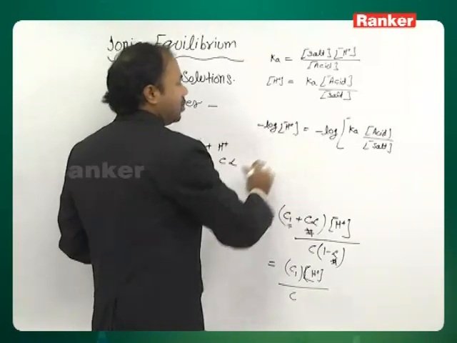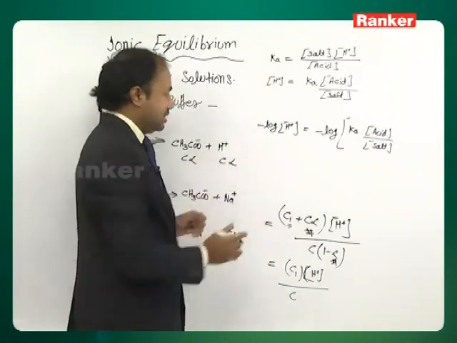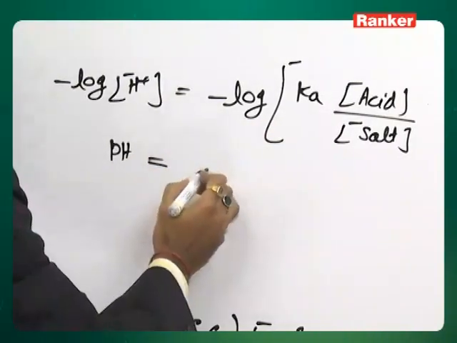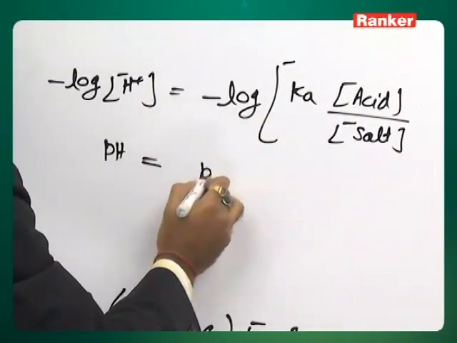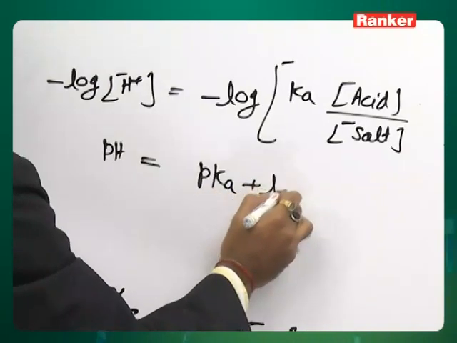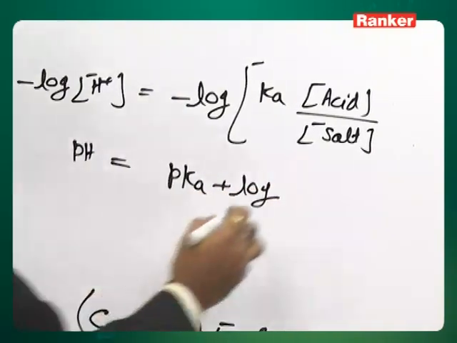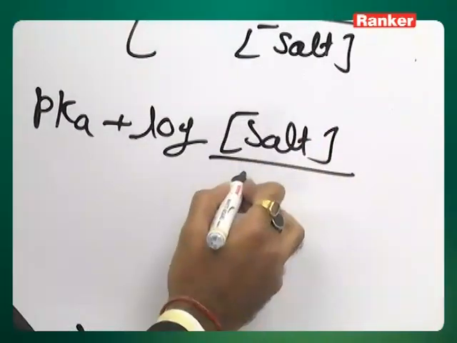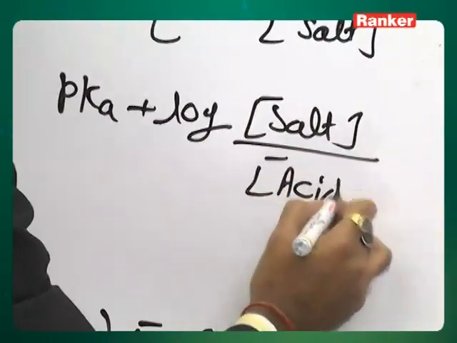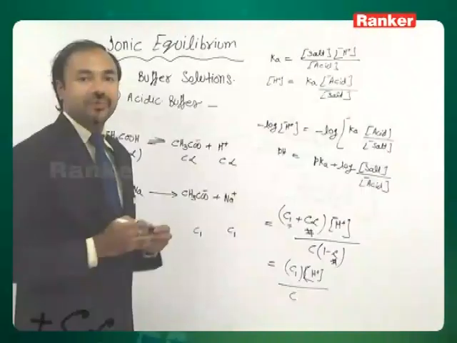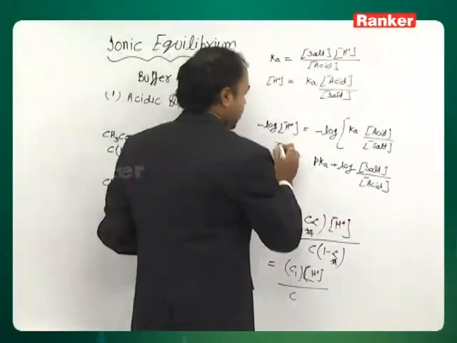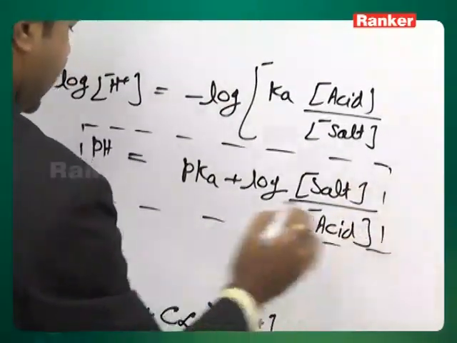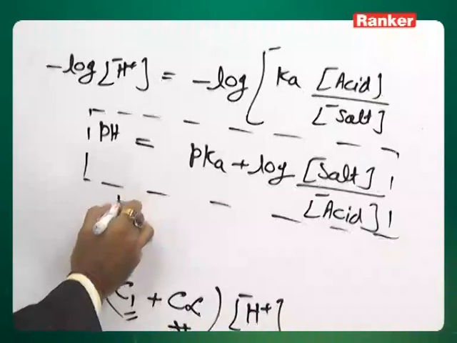So this minus log of H plus ion becomes pH. This becomes pKa, and we get plus log of concentration of salt by acid in this manner. This equation is one important equation, and this is known as the Henderson equation.